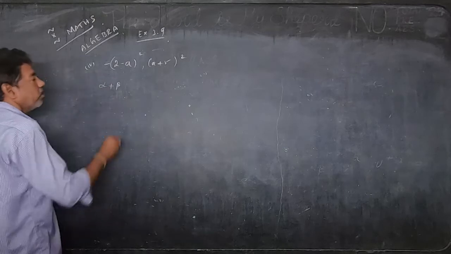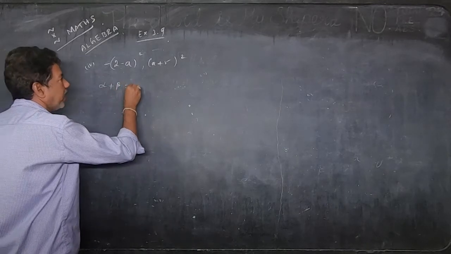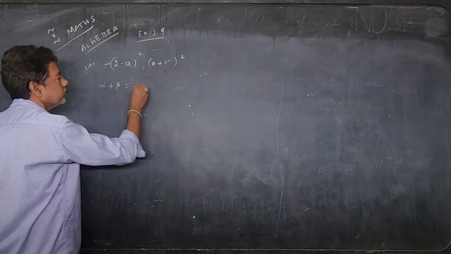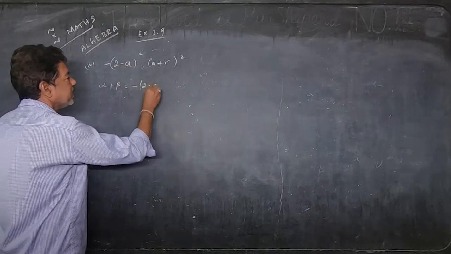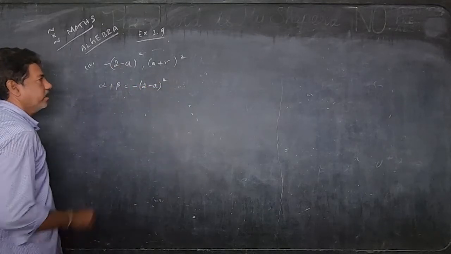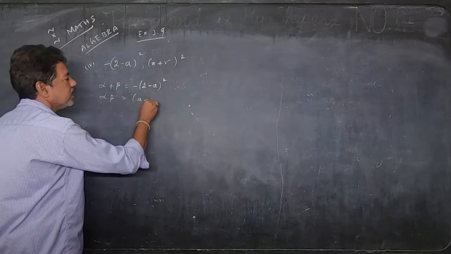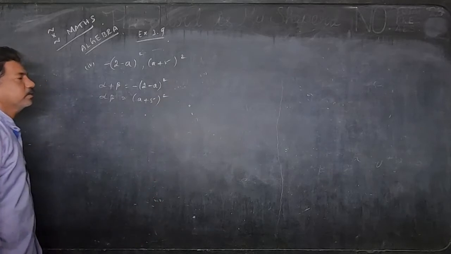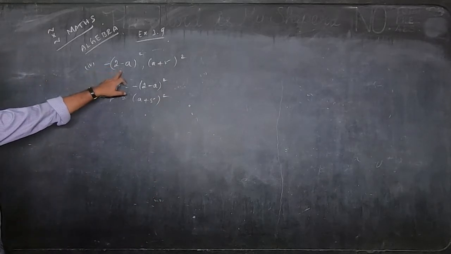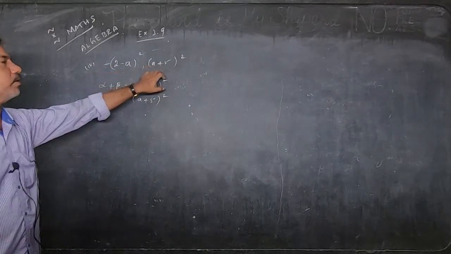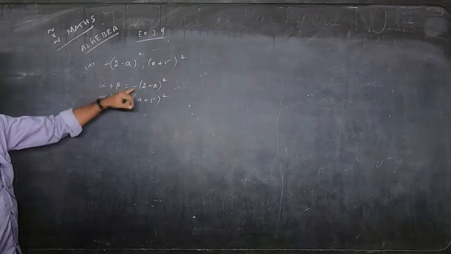Okay, alpha plus beta is what? Minus 2 minus a whole square. Alpha beta is what? A plus 5 whole square.